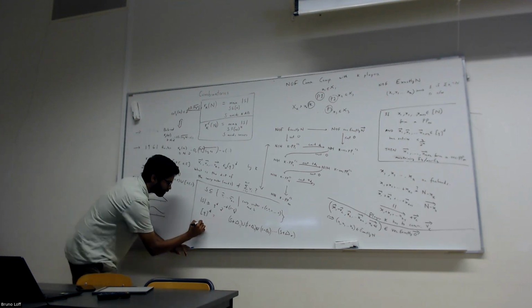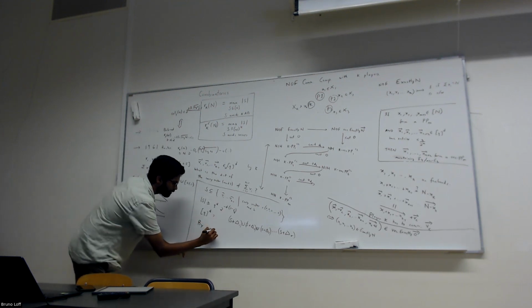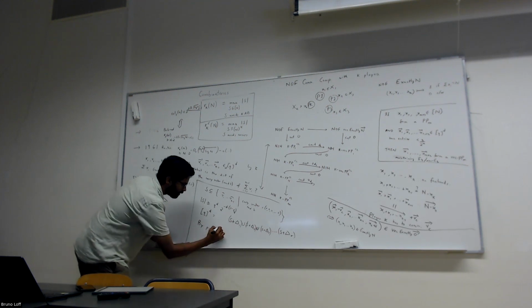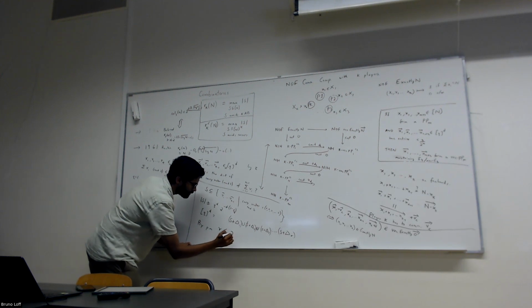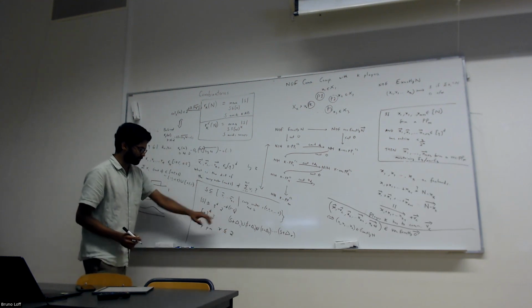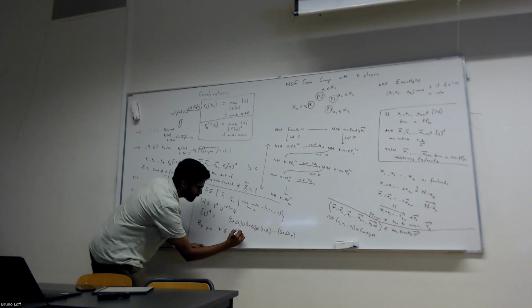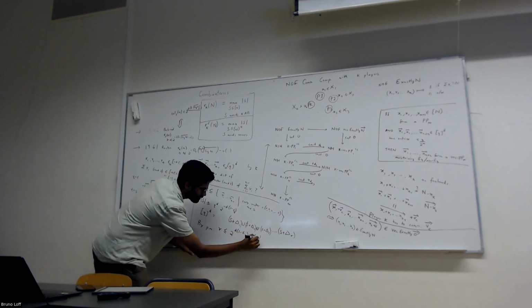So by the probabilistic method, R can be basically this, plus some small order terms.